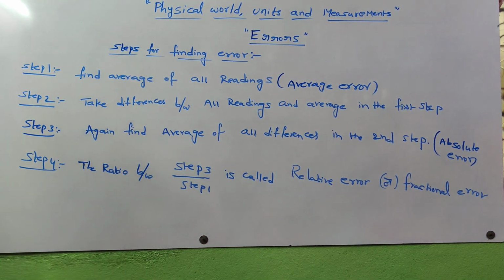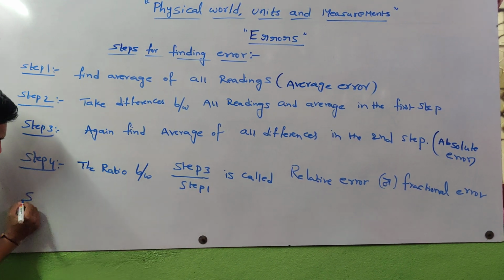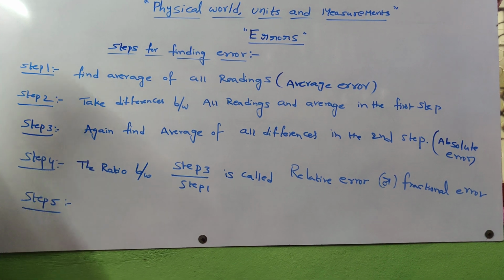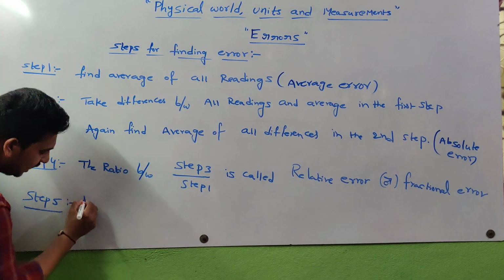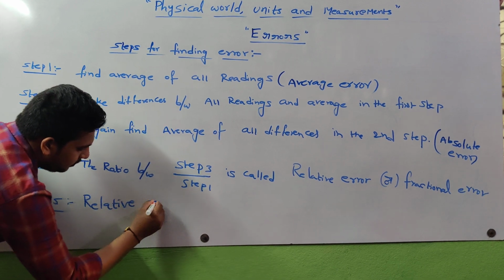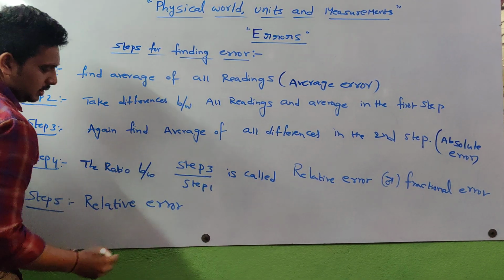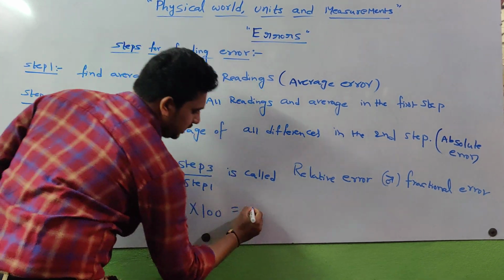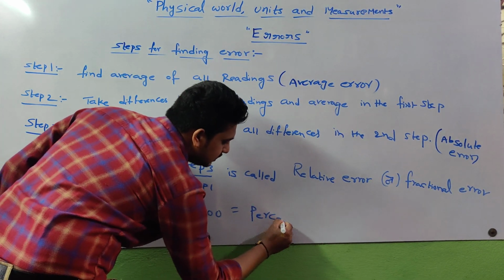Next, step 5: relative error into 100 gives the percentage error.